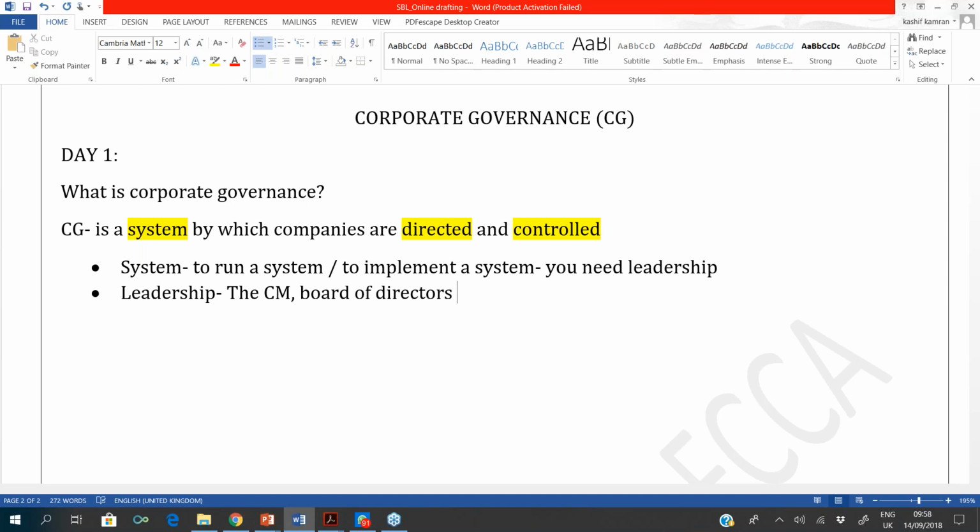We need the non-executive directors as well. They are fundamental leadership of corporate governance. A governance cannot be run without a chair.